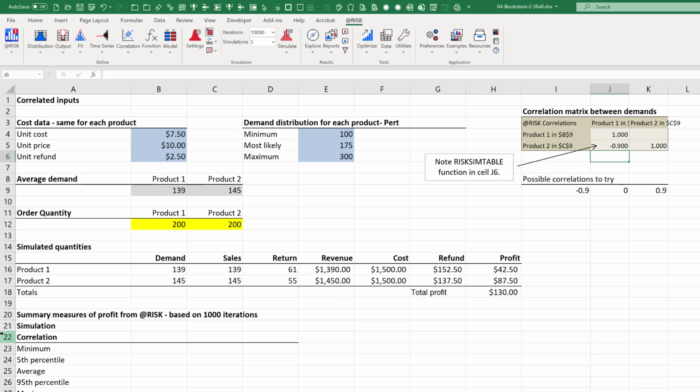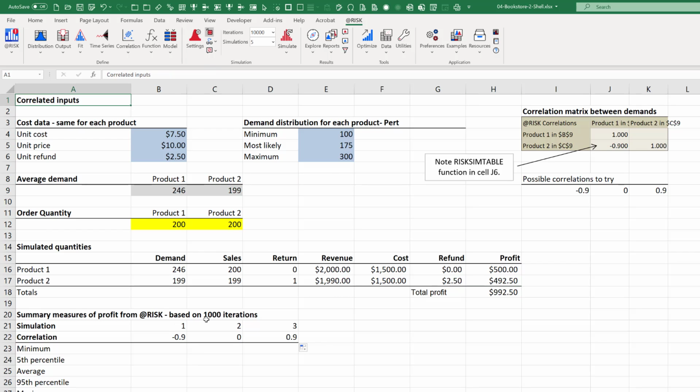Okay, so now with correlation, we have 3 different simulations, right? 1, 2, and 3. The correlations corresponding with those 3 simulations are these. Okay, and we've defined the output. These are the input and correlation. So now we are ready to run.